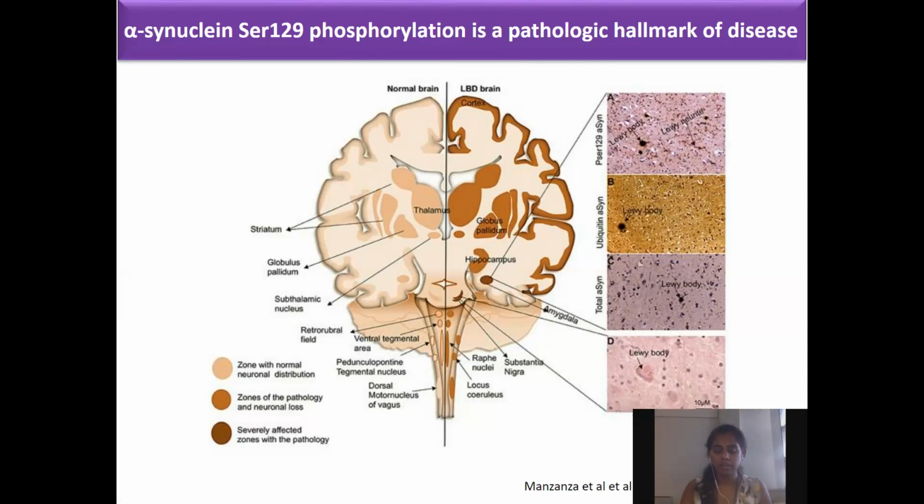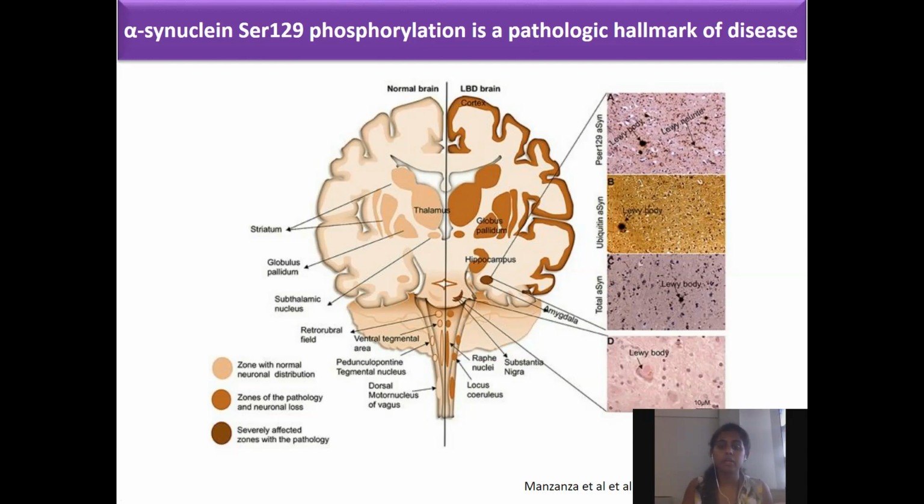People have shown that among the proteinaceous structures, α-Synuclein is most abundant, and it also undergoes many post-translational modifications, such as phosphorylated synuclein and ubiquitinated alpha-synuclein as shown on the right. But out of these, phosphorylated synuclein at the 129 site is the most abundant, and this is a hallmark of pathology.